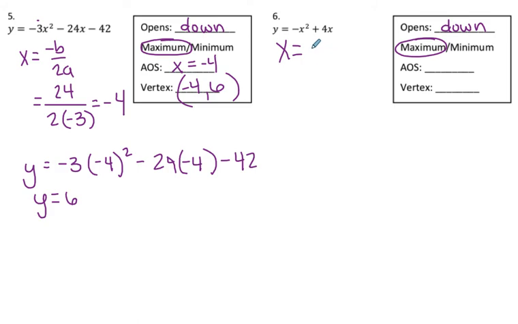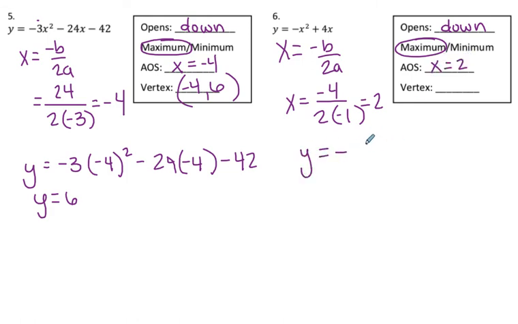On the last one, we have that this opens down as a maximum, and then we can find the axis of symmetry, opposite of b over 2a. Okay, so opposite of b, opposite of +4 is -4. 2 times a is -2. So -4 divided by -2 is +2. And then plug in negative, replace x, parentheses.